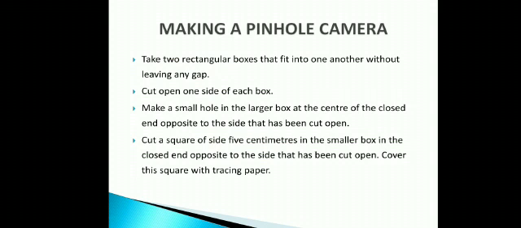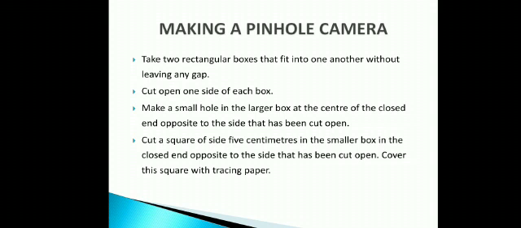We can make our own pinhole camera. How can we do it? First, we have to take two rectangular boxes that fit into one another without leaving any gap. Cut open one side of each box. Then make a small hole in the larger box at the center of the closed end, opposite to the side that has been cut open.